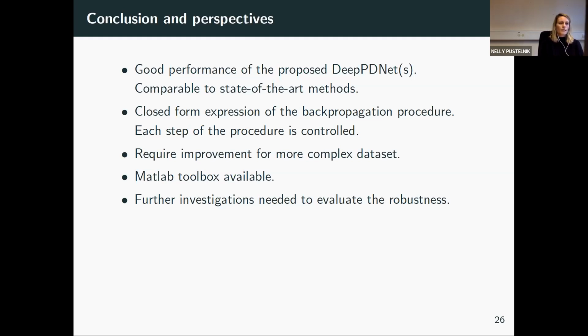I think for more complex datasets, we still need to improve our performance, especially as all the code we have is in MATLAB, so we don't use the existing toolbox. To deal with larger datasets, we still need to make improvements, but the first results are quite satisfactory. And further investigation is needed to evaluate the robustness.